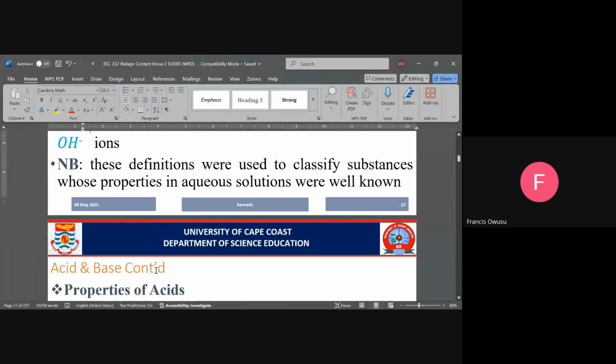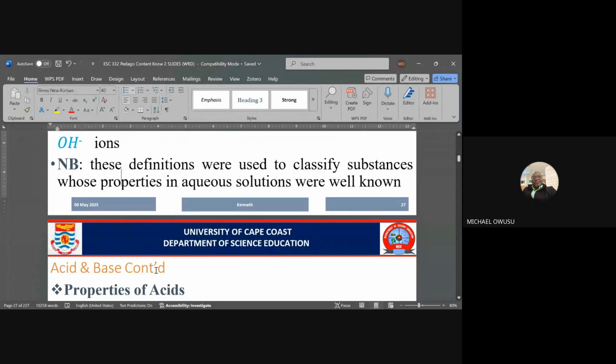Acids dissociate to produce protons or hydrogen ions in aqueous solution. Yes, that is the same on its own. Good. Any other? Acids have pH less than 7. Good. So now everybody is going back to secondary school age.